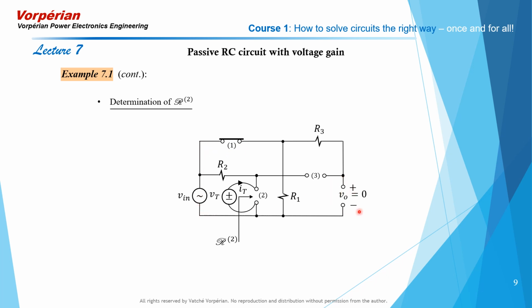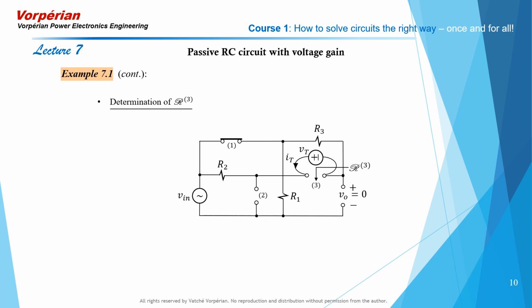So nulling V0 in this case means that you set Vin equal to 0. And when you do that, you realize that Vt, the test source connected across port 2, appears directly across R2. And therefore it follows that script R2 is simply the resistance R2.